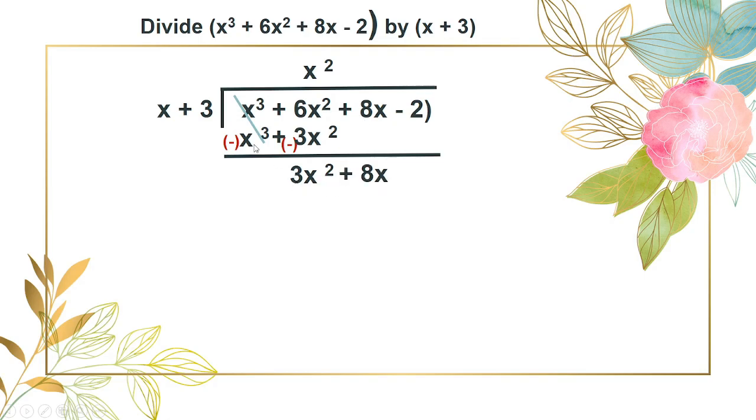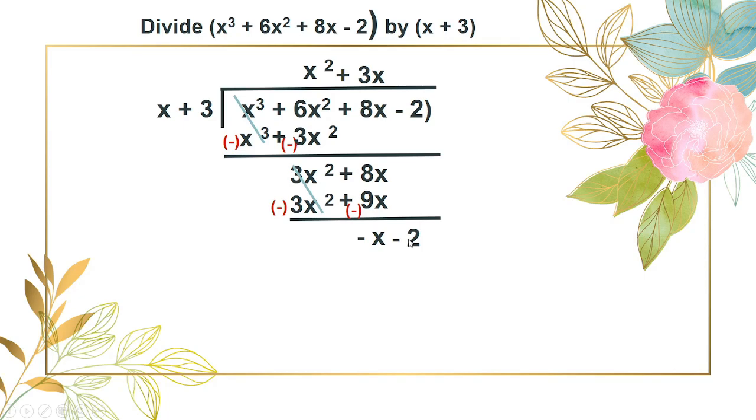Now we have 3x squared divided by x is 3x. 3x times x is 3x squared. 3x times 3 is positive 9x. Subtract, so change the sign, so it becomes 0. Then this one becomes negative. 8 minus 9 is negative x.